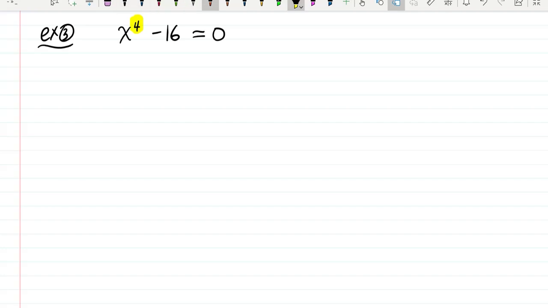So I noticed that this is a perfect square, and this is also a perfect square.